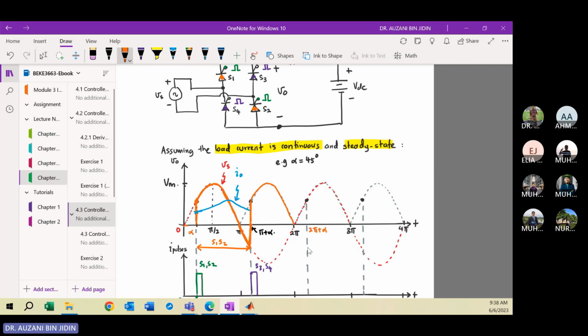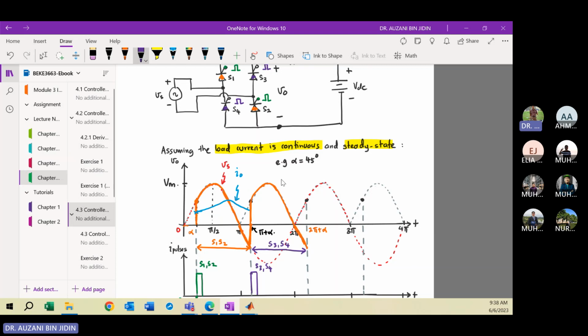So from pi plus alpha to angle 2 pi plus alpha, the SCRs turned on are S3 and S4.